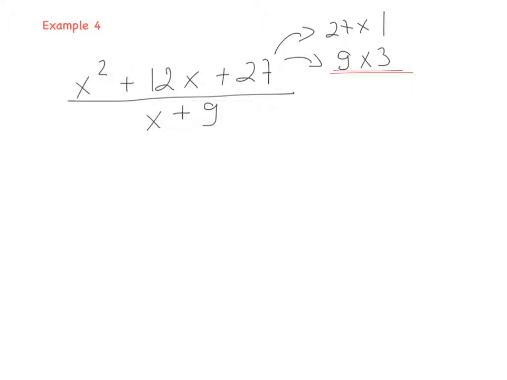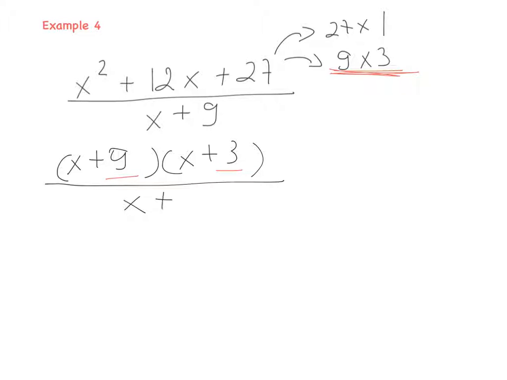That's it. And now we need to write it down as two brackets. So we have x plus 9, this is the first factor, and then x plus 3, the next factor. So we have plus 9 and plus 3 as we have in here. Okay, and the bottom line stays as this.